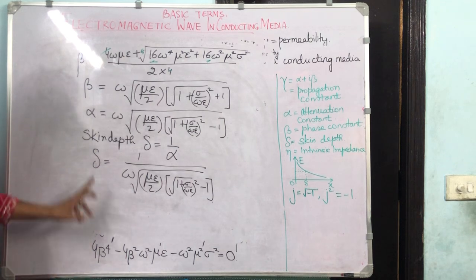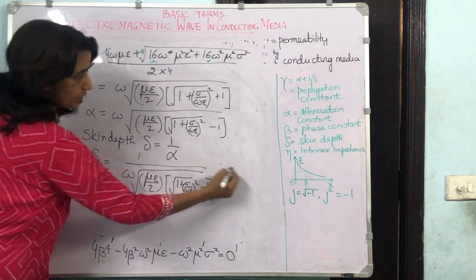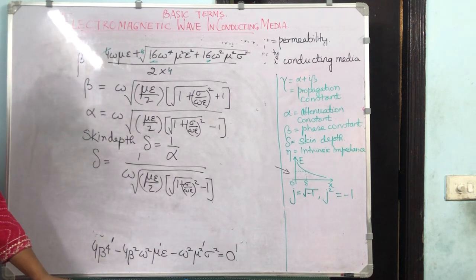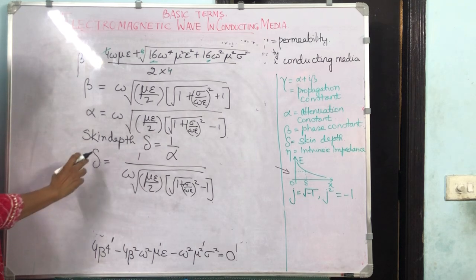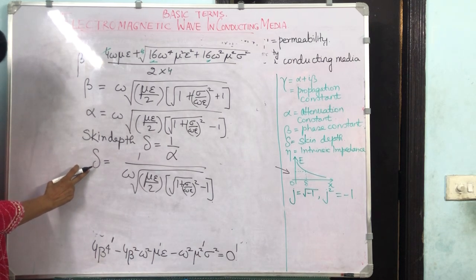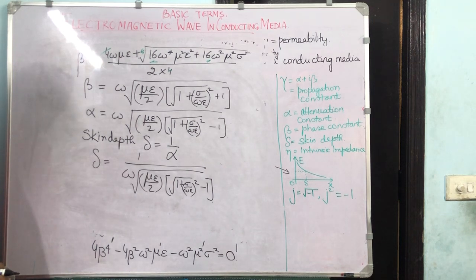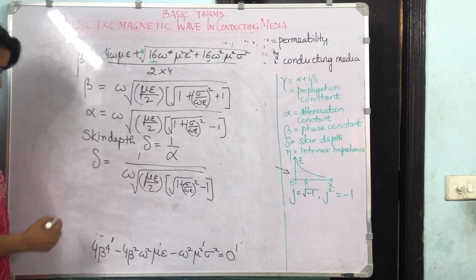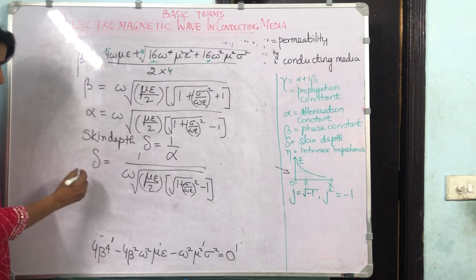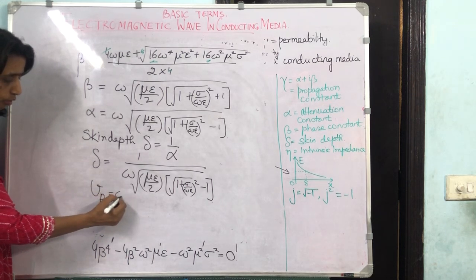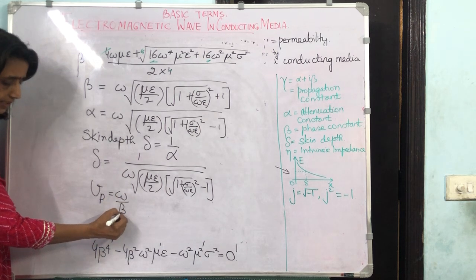This is known as skin depth, which is exponentially decaying. The depth to which an EM wave can penetrate in a conducting medium is known as skin depth.